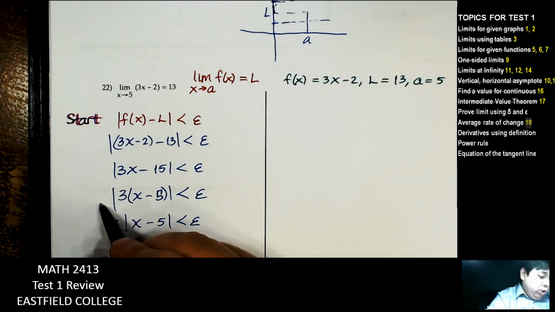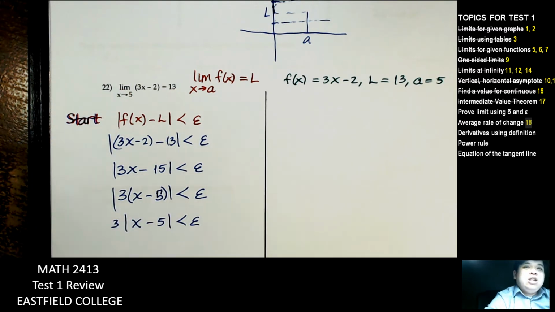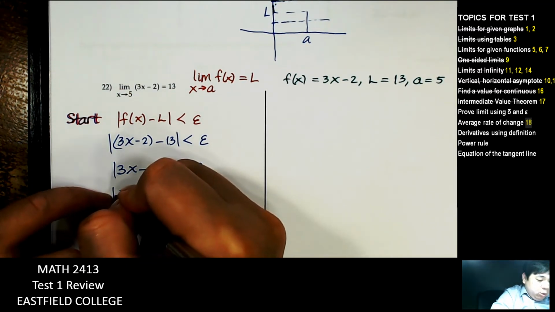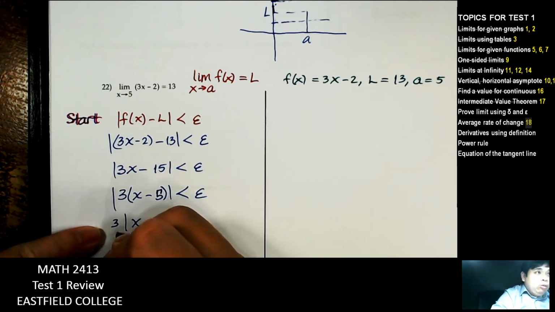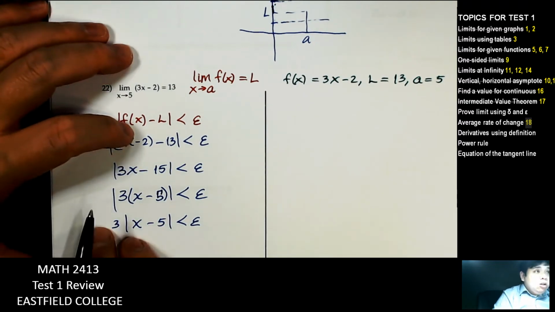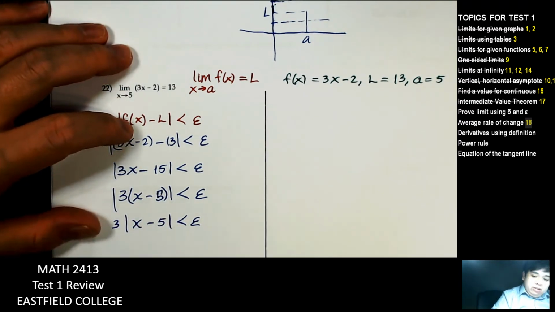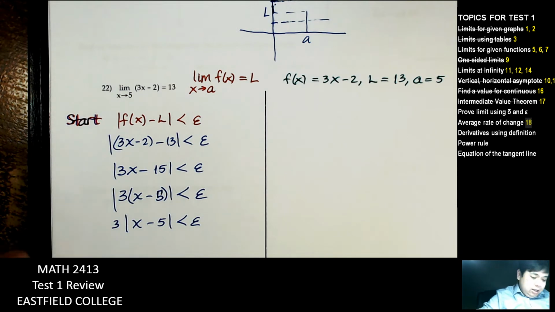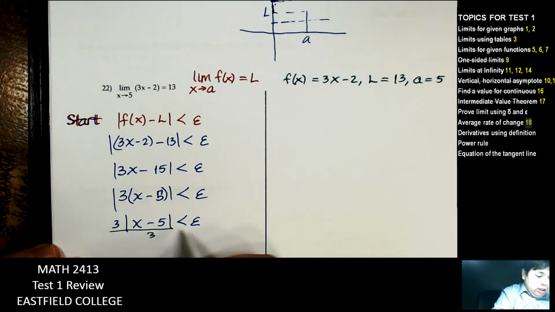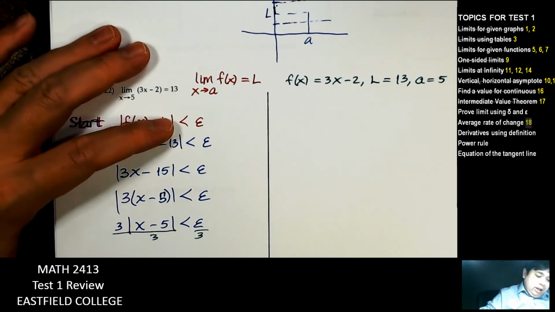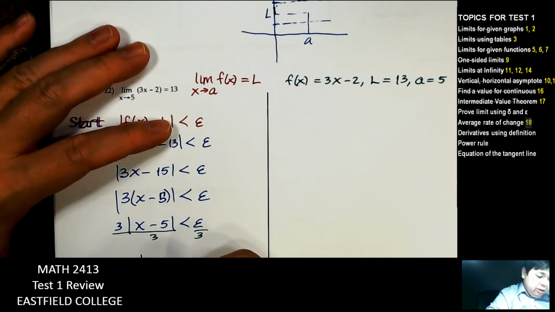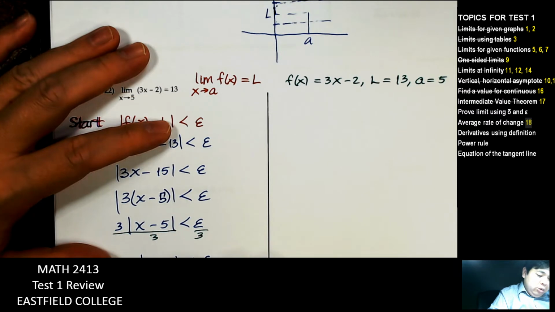So if we write the 3 outside, the 3 is positive. So that is alright. If we have negative 3 here, we cannot write negative 3 outside. Remember, this has to be positive. Right. And then if we divide by 3, we have x minus 5 less than epsilon over 3.